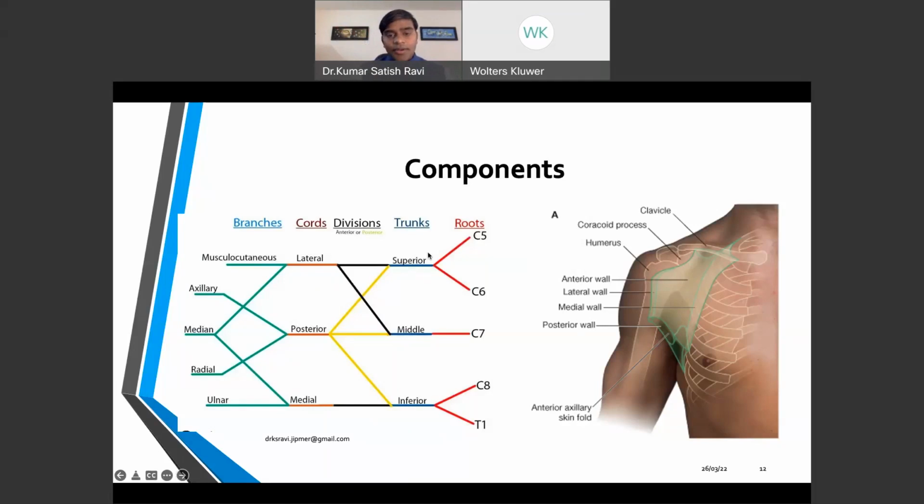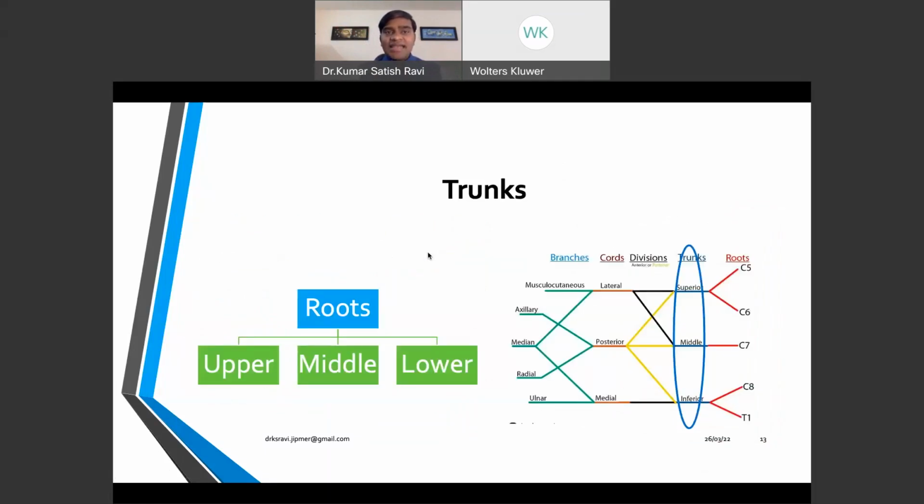Now, when we see the trunks, as I mentioned before, the upper trunk, middle trunk, and lower trunk, in the schematic diagram over here, which are formed by the various roots I have already discussed, so I will not repeat this.